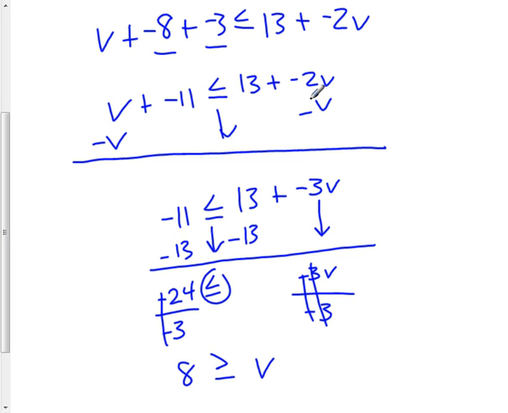That was why I encouraged everyone, when we were solving multi-step equations, to try to keep the variable positive, because in inequalities it's better to have it be positive so you don't have to worry about a sign flip. But if you do make it negative, no problem. Just remember that when you multiply or divide by a negative number, the inequality symbol must be flipped.